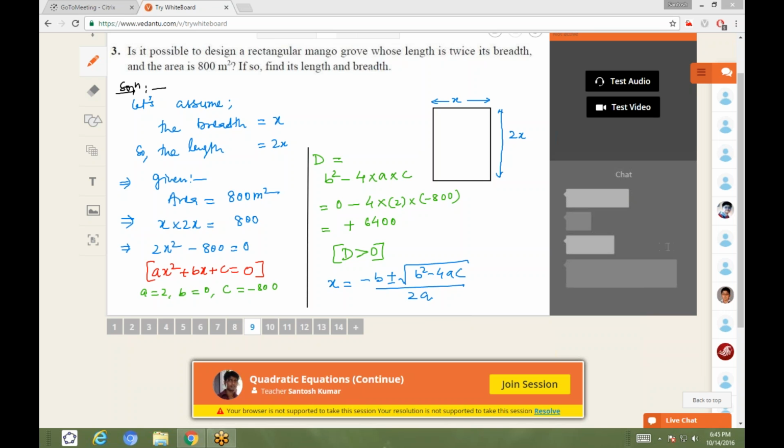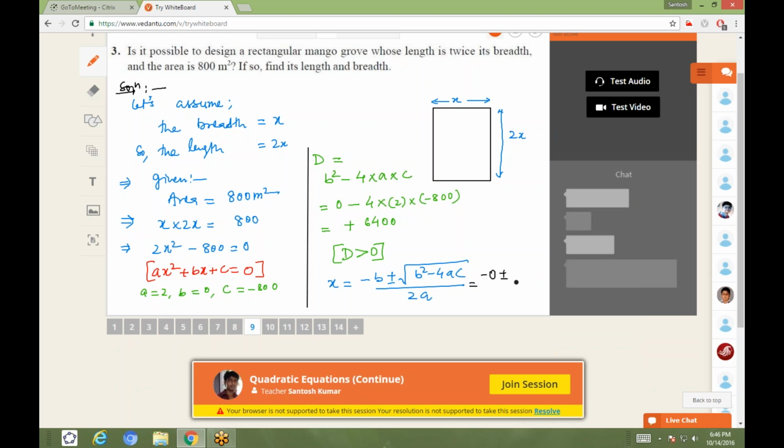Getting root over 10 square. No, see, Mufassir, the square root part is already done here. You are doing some mistake. See, this value we have already done. So now we just have to solve for minus b, which is nothing but minus 0 plus minus, and this is 80 divided by 2a.